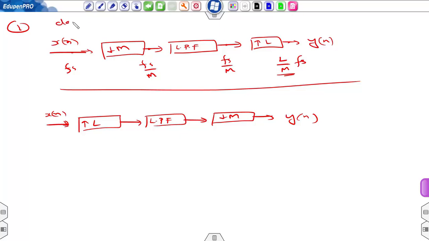This is combination one: downsampling followed by upsampling. And combination two, which we have discussed exhaustively, is upsampling followed by downsampling.